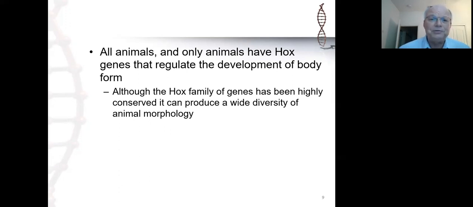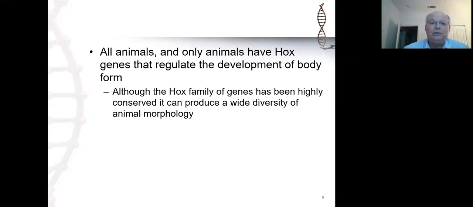And as we will see along the way, and as I mentioned in the previous presentation with chapter 47, it is the nature of the Hox genes, or more specifically, how many cassettes or copies of the basic set of Hox genes that are possessed by animals that determines what sort of animal body plan you get, and very specifically in the transition from an invertebrate body plan to a vertebrate body plan.